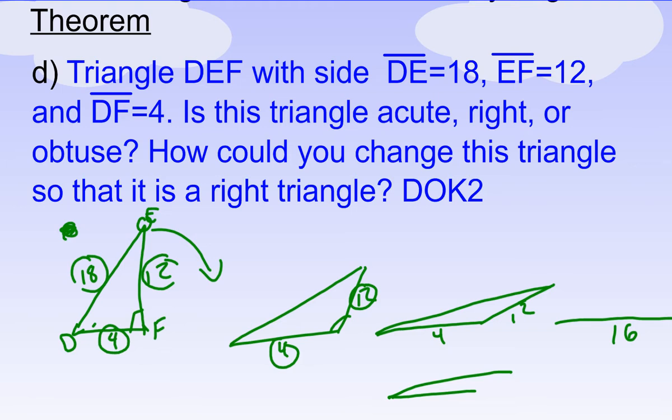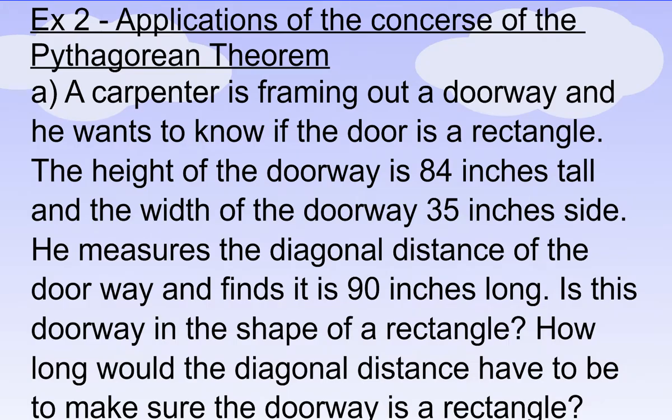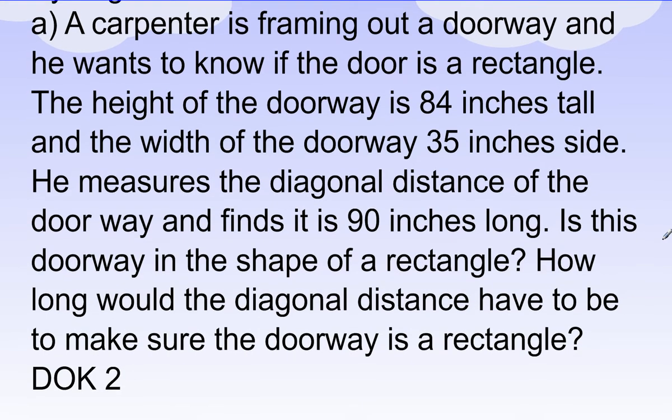Next example here. Nice little application of the converse. It says a carpenter is framing out a doorway, and he wants to know if the door is a rectangle. The height of the doorway is 84 inches, and the width of the doorway is 35 inches.